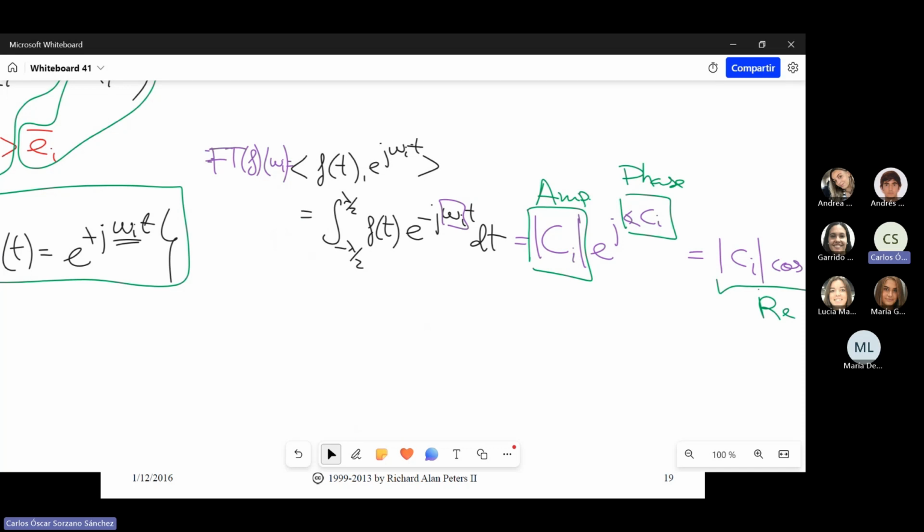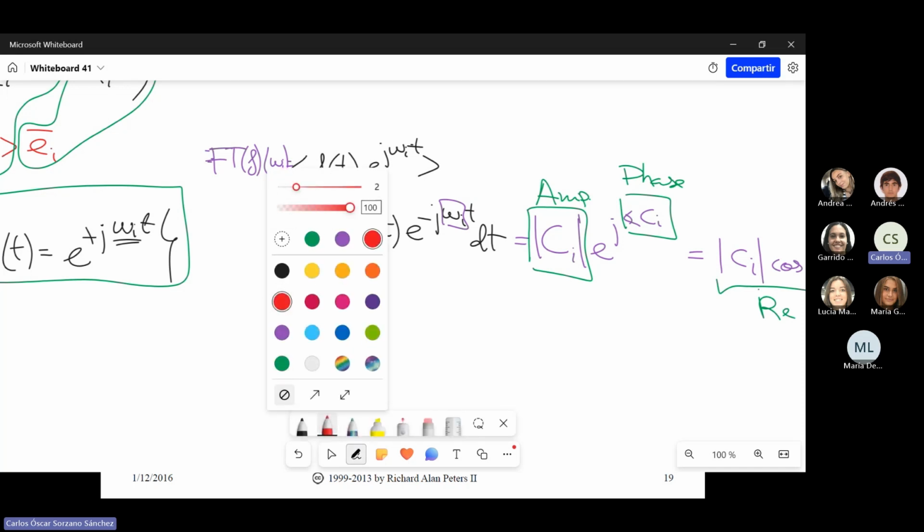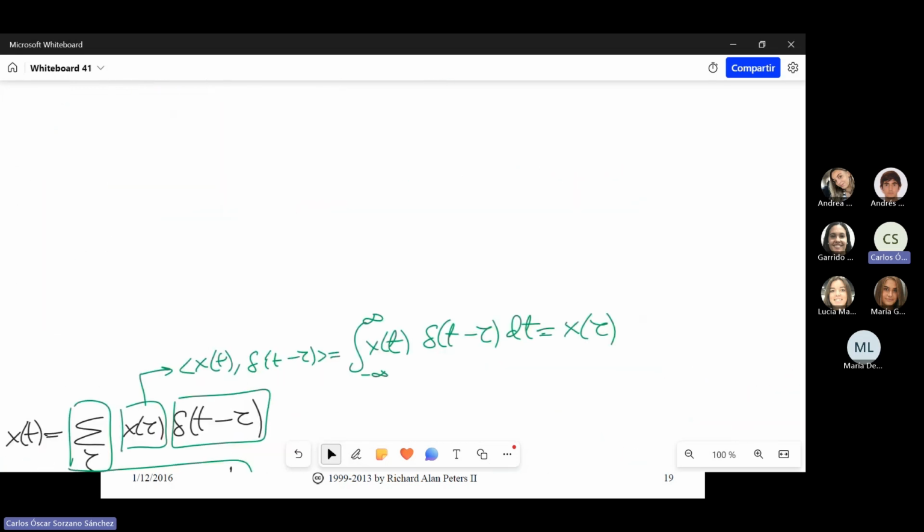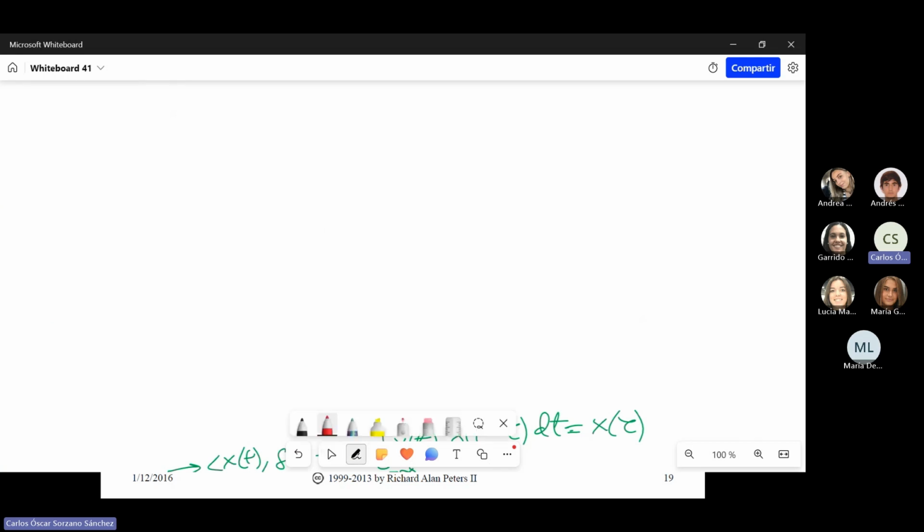We have defined the continuous sequence. But we can do the same with discrete signals, sorry. So you can say, okay, so I will have x of n, and for x of n, I can compute the basis. So I have to define my basis.